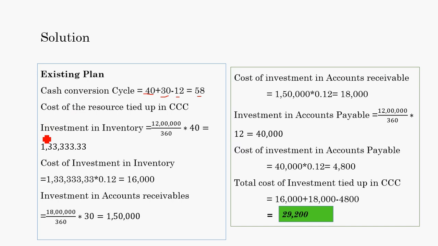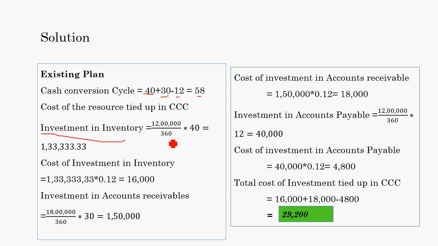To look at the investment in inventory, we are going to consider the amount that we spent on purchase, which is 12 lakhs. We have spent 12 lakhs in purchasing raw material, so I'm going to consider that. That is the annual amount that you have spent on purchase. Divide that by 360, which will give you the purchase value for 1 day.